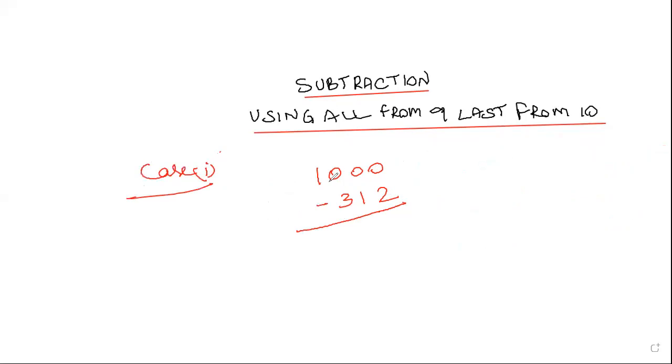Below the zeros we have the digits. Last digit from 10 and the remaining digits from 9. So 10 minus 2 will be 8, 9 minus 1 will be 8, and 9 minus 3 will be 6. That gives 688. And the remaining number other than the zeros is only 1.